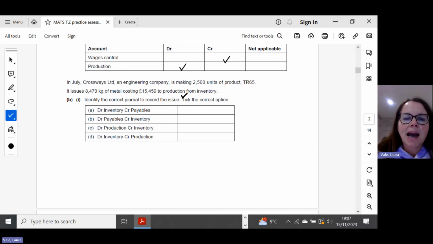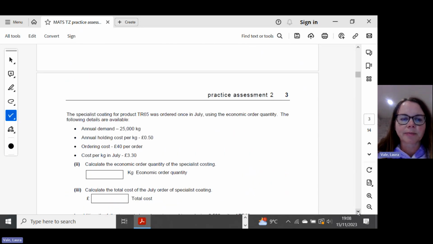I always think of inventory as an asset, so if it's coming out of inventory, it's reducing the asset. So it must be credit inventory. So I've narrowed it down to one of these two, and it's being issued to production. So it must be debit production because that's an expense, and then credit the inventory because we're reducing the asset.